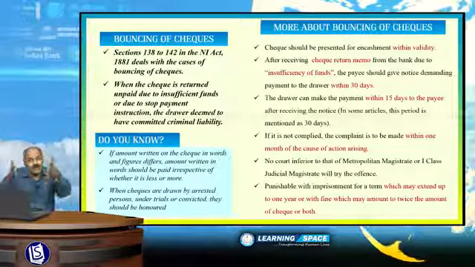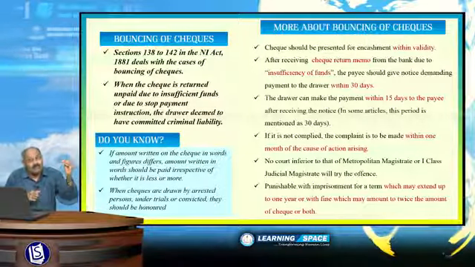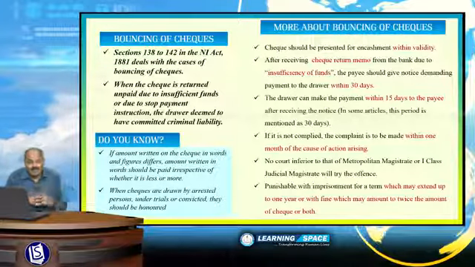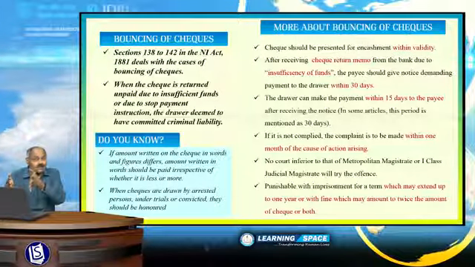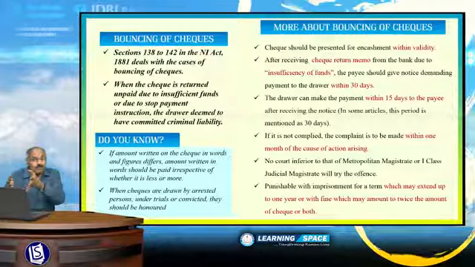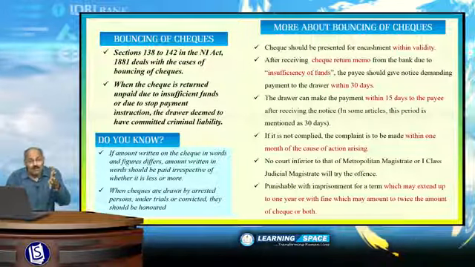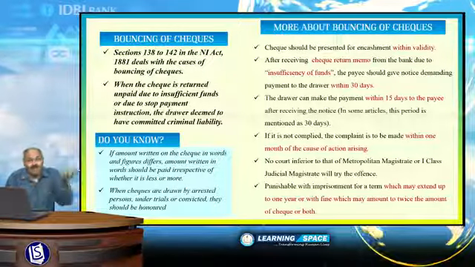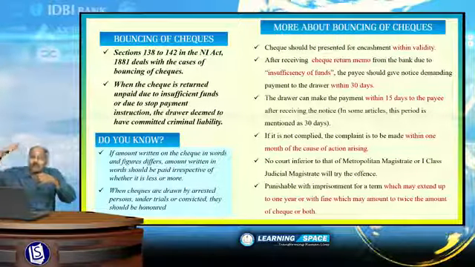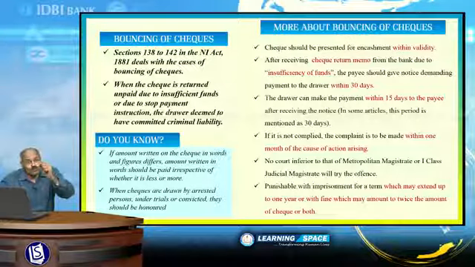The procedure I have listed out here: check should be presented within validity. If the check is not presented within the valid period of 3 months, then he cannot claim. Banks cannot honor the checks when presented beyond validity, first and foremost thing.